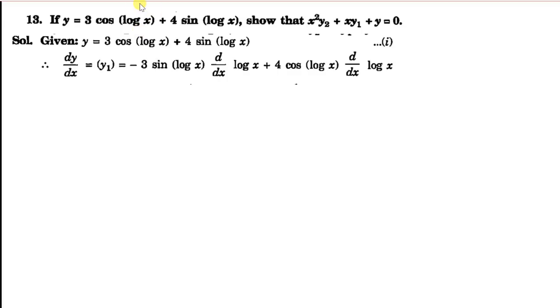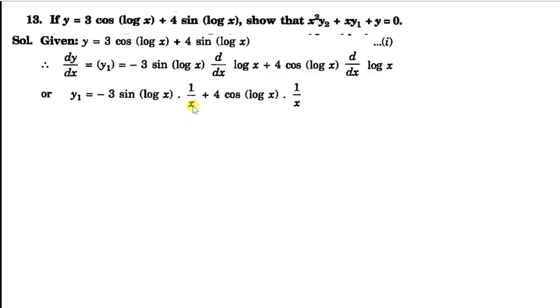But here we have a function of x, so we will use chain rule and multiply it with the derivative of log x, plus 4 cos log x, because the derivative of sine is cos, multiplied by d by dx of log x. Now the derivative of log x is 1 by x, so we get this.